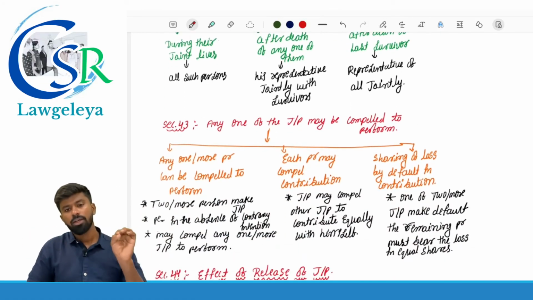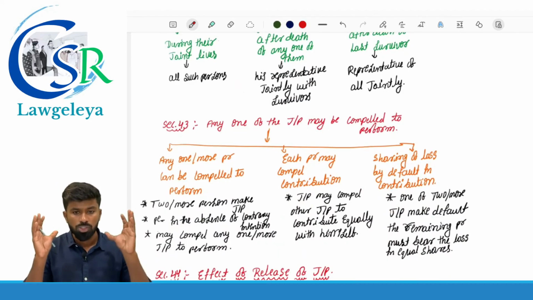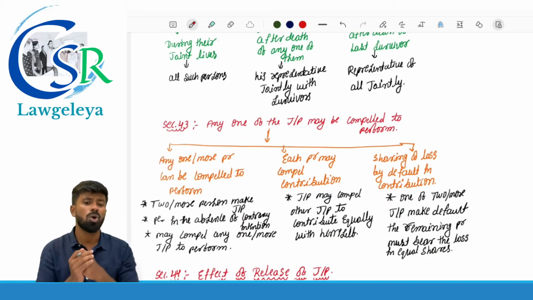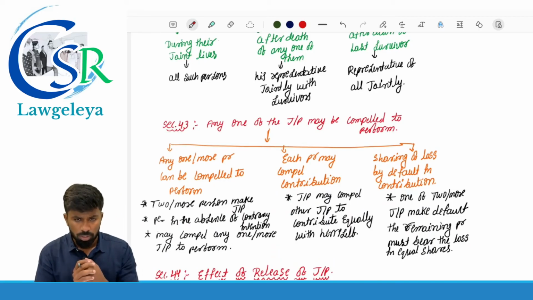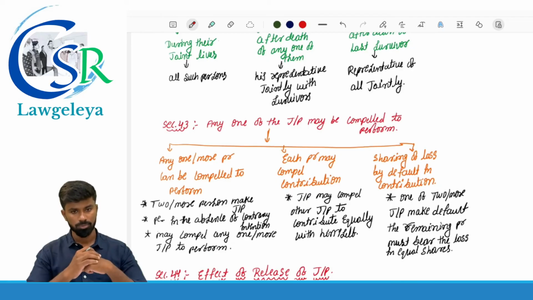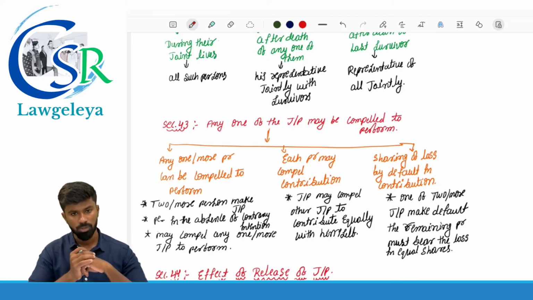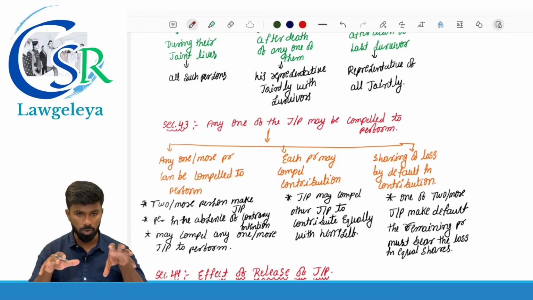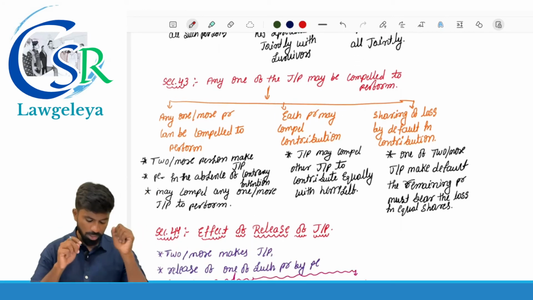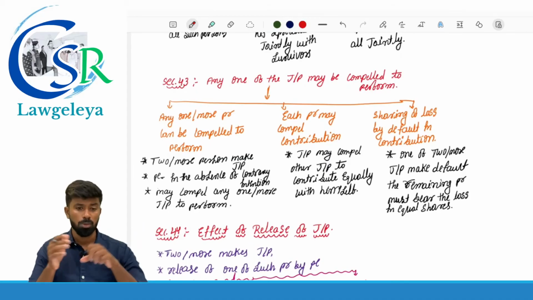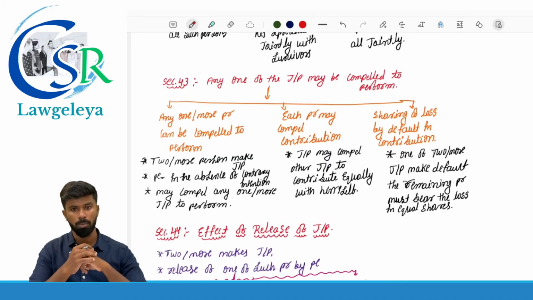43, in case of section number 43, there are three provisions. In case of joint promises, where two or more persons have made a joint promise, unless the contrary intention appears, the promisee may compel any one of the promisors to perform the promise. Where two or more persons make a joint promise, the promisee in the absence of contract to the contrary may compel any one or more joint promisors to perform.